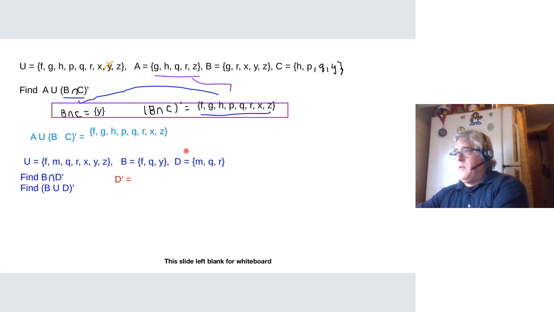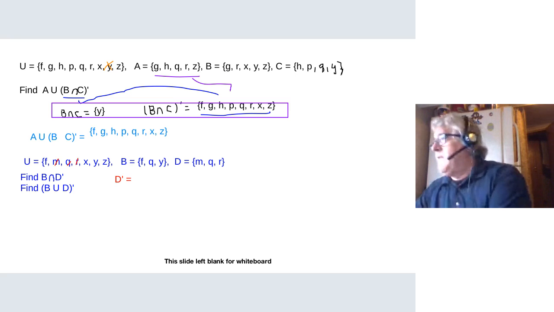Let me tell you what. So take out M, Q, and R. So then what's left out? In other words, that's in D. So everything that's left is D complement.